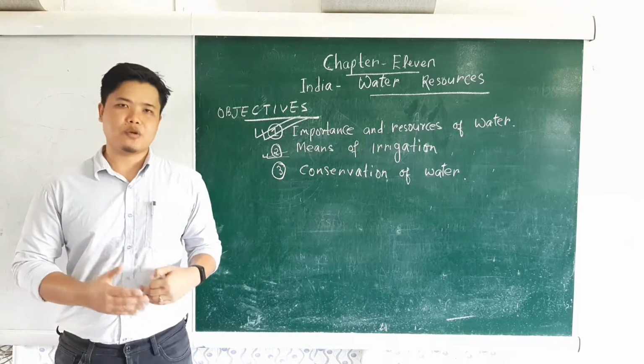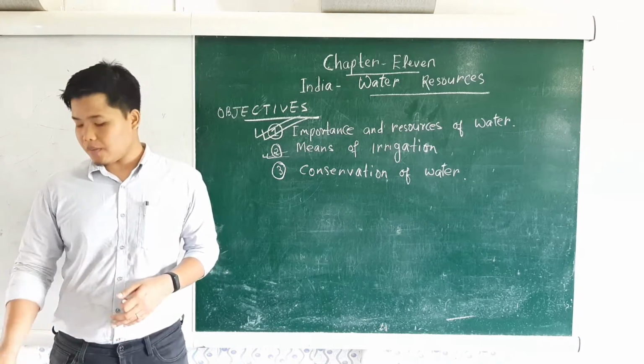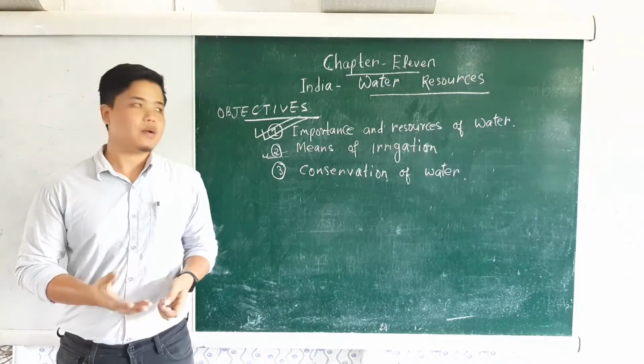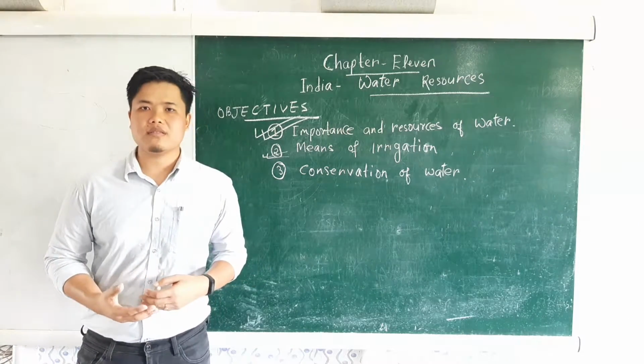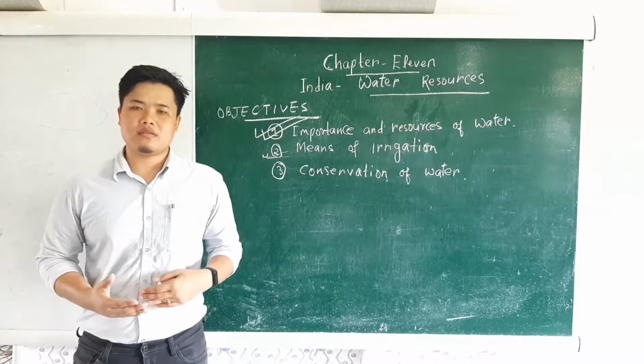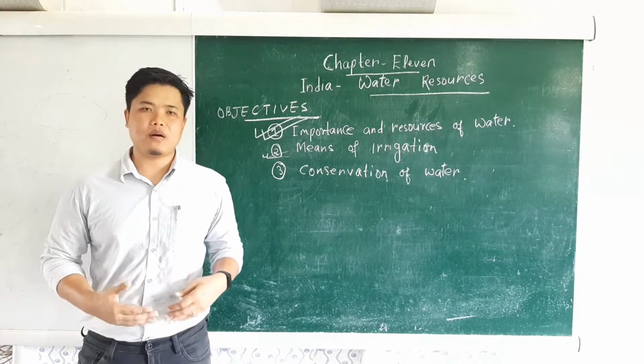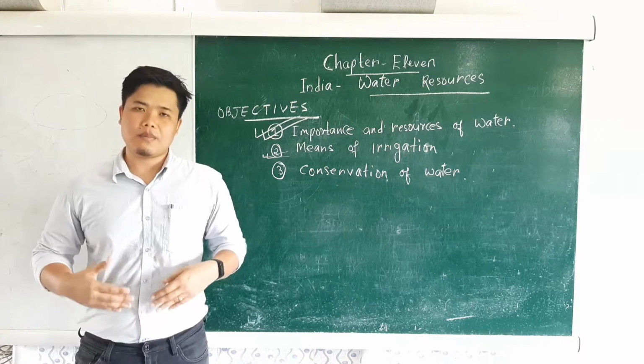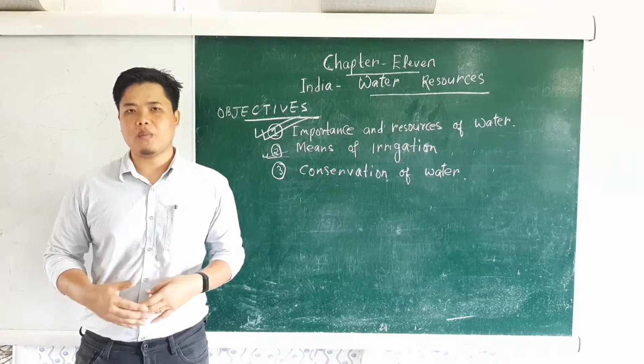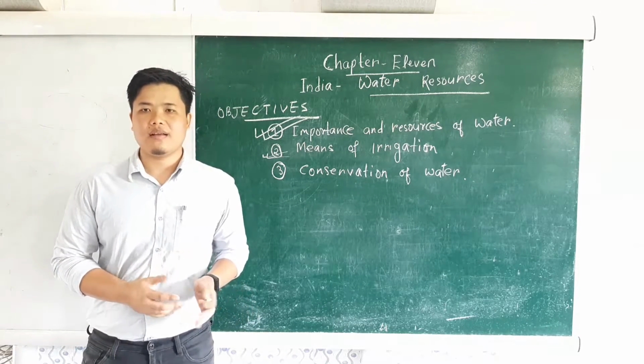Both wells and tube wells are very popular in those states. And what about tube wells? Tube wells are almost the same as wells, but deeper. It is about 15 meters deep compared to wells.